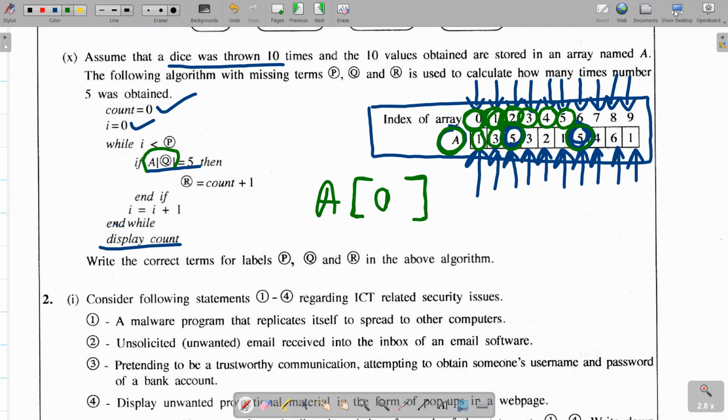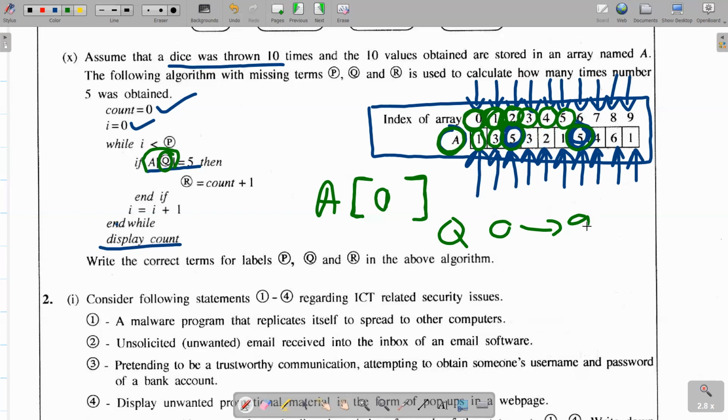Then that means this Q is going to change from 0 to 9, because the Q helps you figure out whether a particular element is equal to 5 or not. So Q goes from 0 to 9, and it's going to increase one by one, starting from 0.